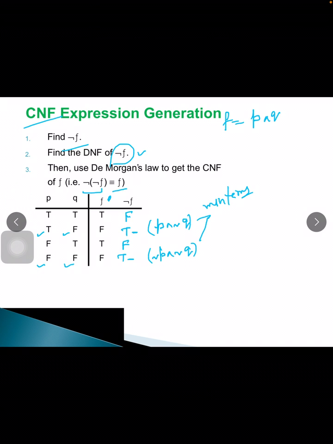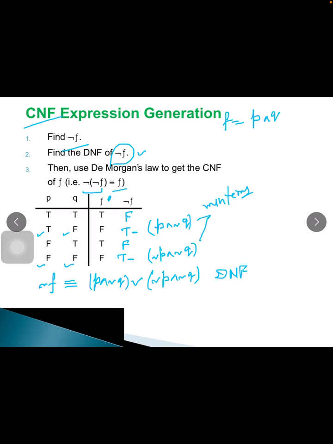Now you need to find the DNF of this. So your DNF of negation of F is obtained when we join these min terms, P and negation Q, and negation P and negation Q, by disjunction. When we join the min terms by disjunction, this is called the DNF.